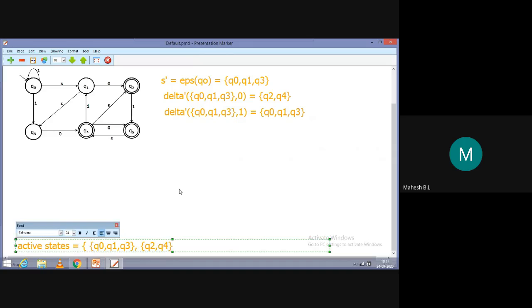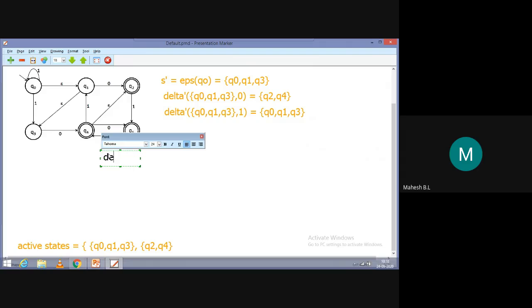Next, I'm going to consider q2, q4. Let me compute delta dash of q2, q4 on 0.